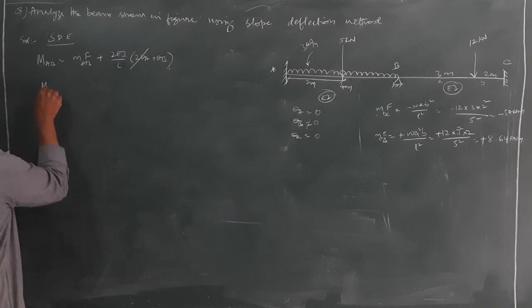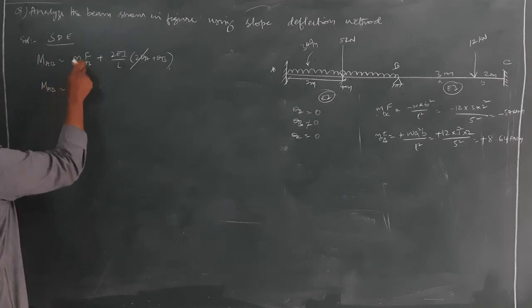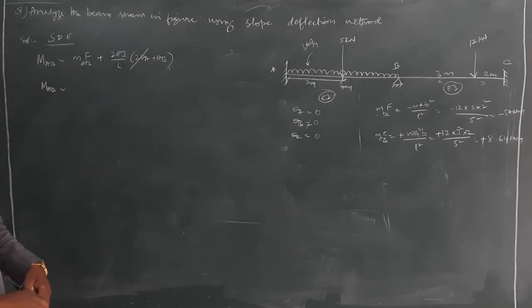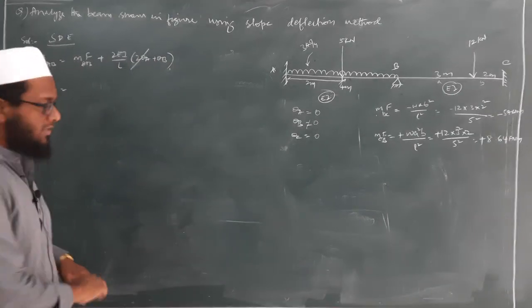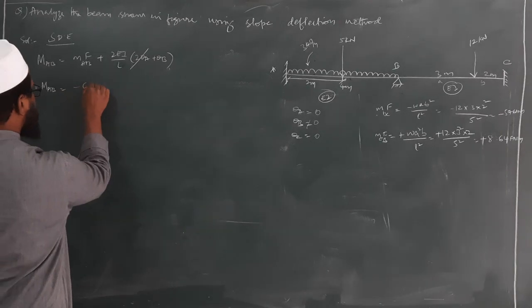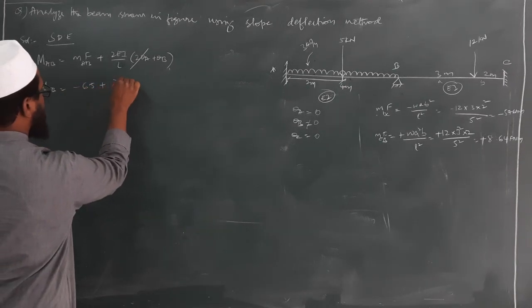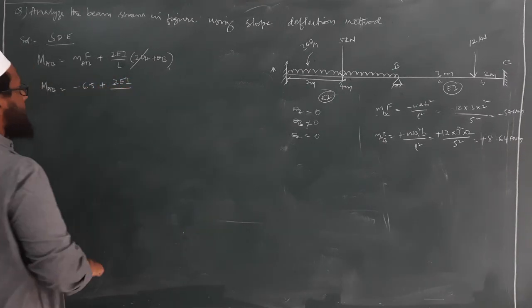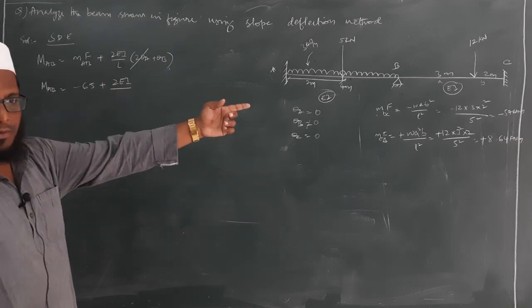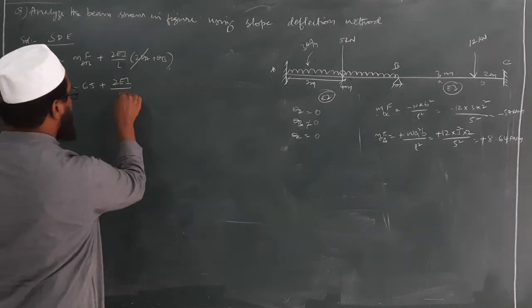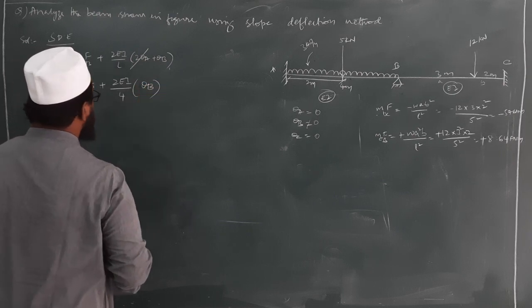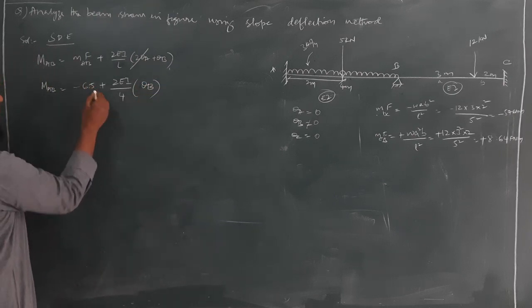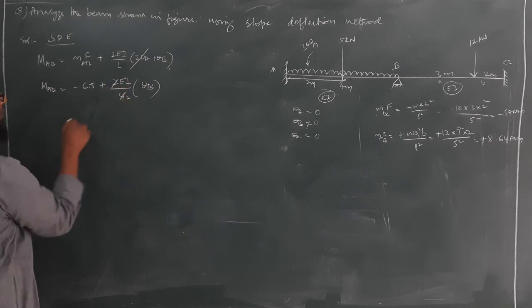So MAB is equal to MFAB. What is the value of MFAB? We got the final value minus 6.5 plus 2EI by L. What is the span of AB? 4 meters. 4 into theta B. So this is 6.5. 2 ones are 2, 2s are.